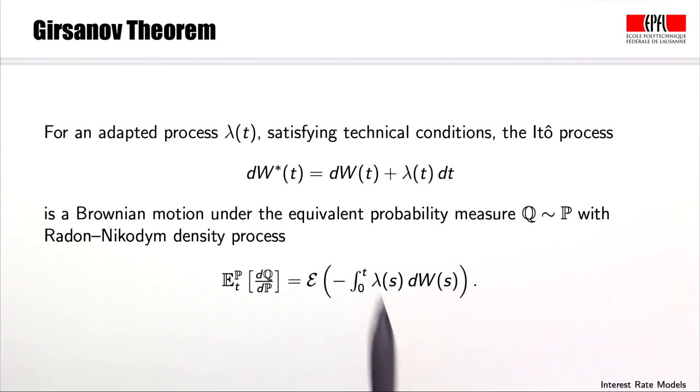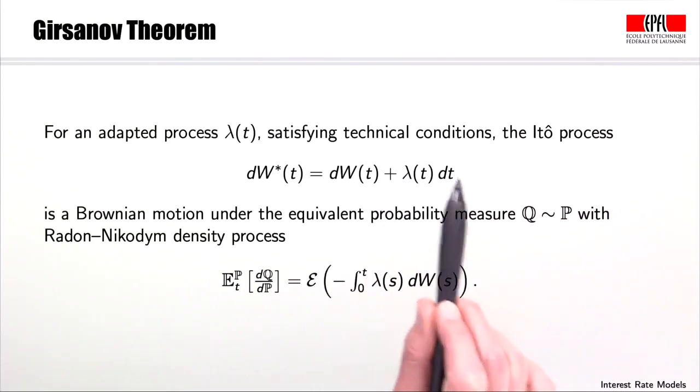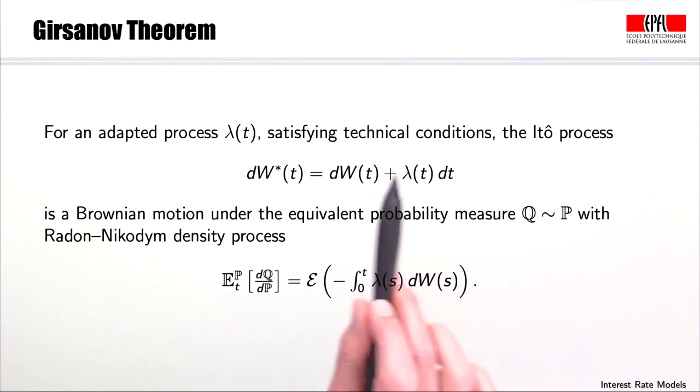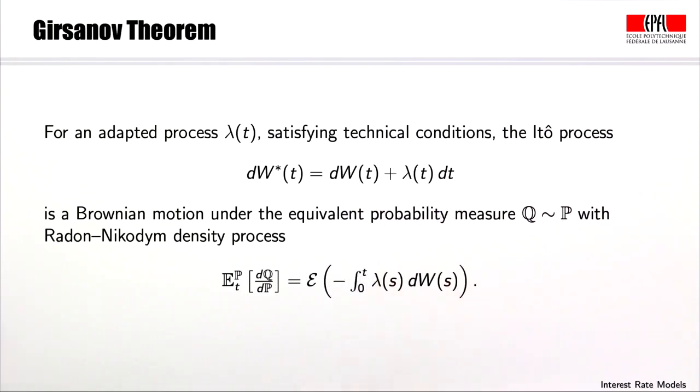This means if we are given a Brownian motion with a drift lambda dt under the measure P, we can detrend by changing the probability measure to an equivalent measure Q exactly when the Radon-Nikodym density of Q with respect to P is given in terms of the drift lambda in this way.